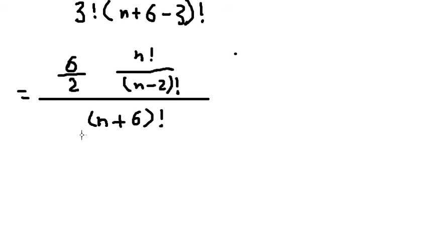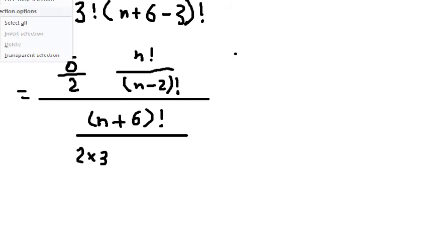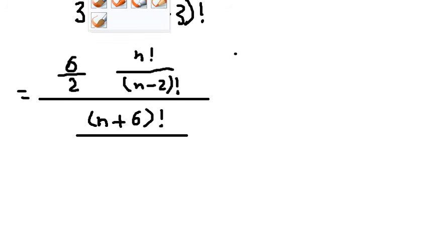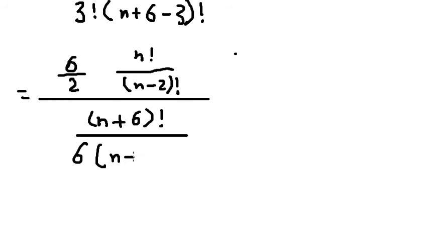So 3 factorial is 2 multiplied by 3. So we have 6. This one we have (n plus 3) factorial in here. So 6 divided by 2, we have 3.